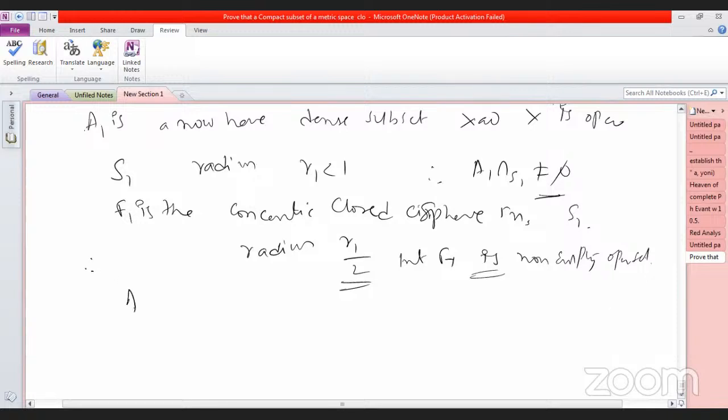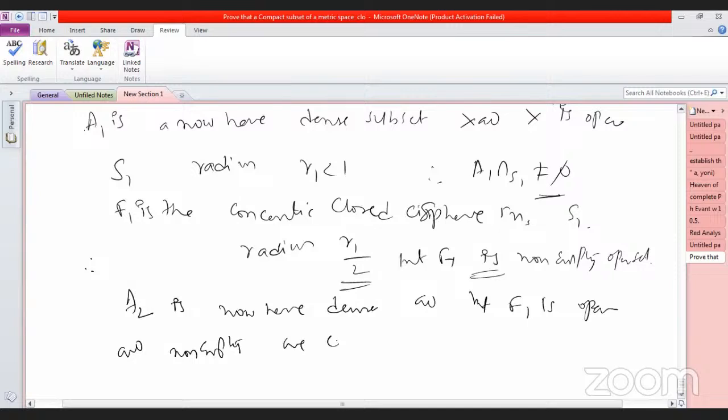Now I am taking A2, which is now here dense, and F1 is open and non-empty. We can find an open sphere S2 of radius, what will it be here?